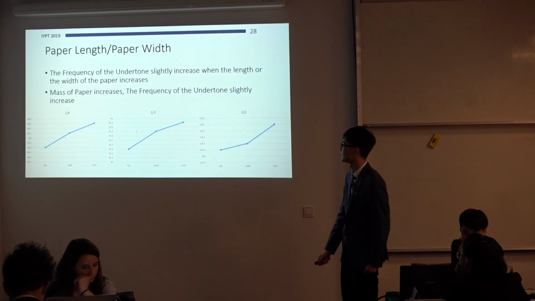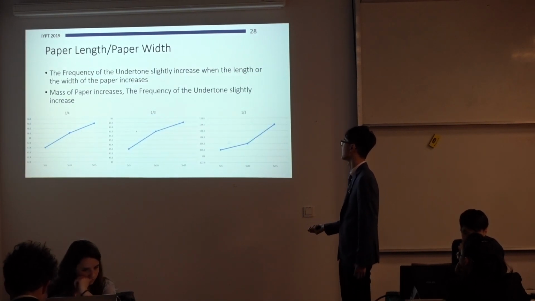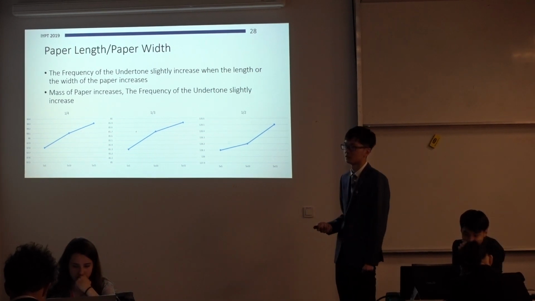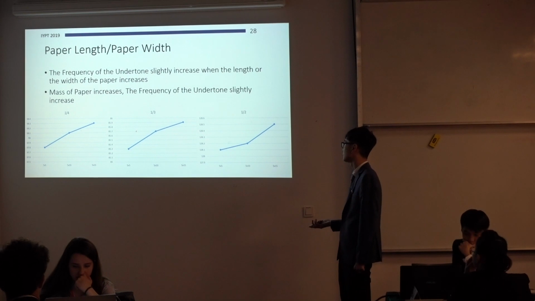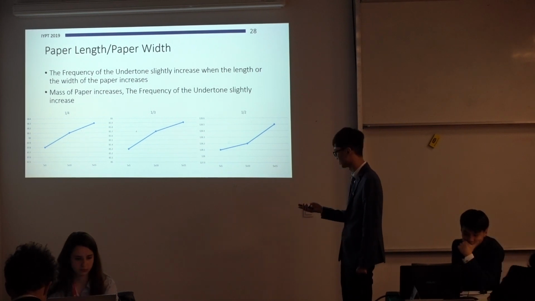And as we can see, the frequency of the undertone sound slightly increases when the length or the width of the paper increases. So we can conclude that as the mass of the paper increases, the frequency of the undertone slightly increases.